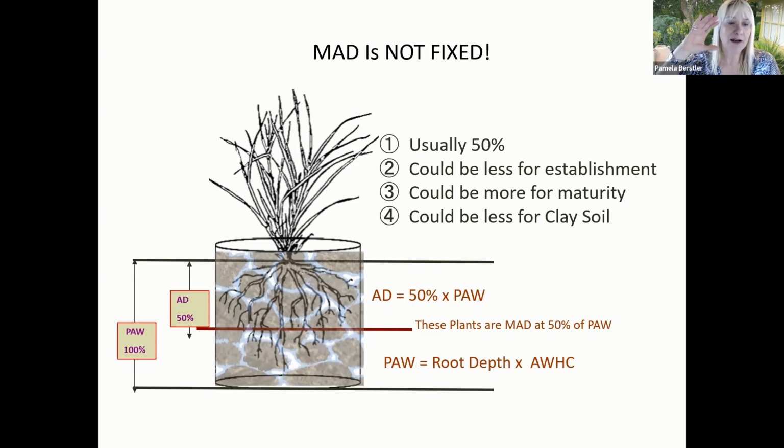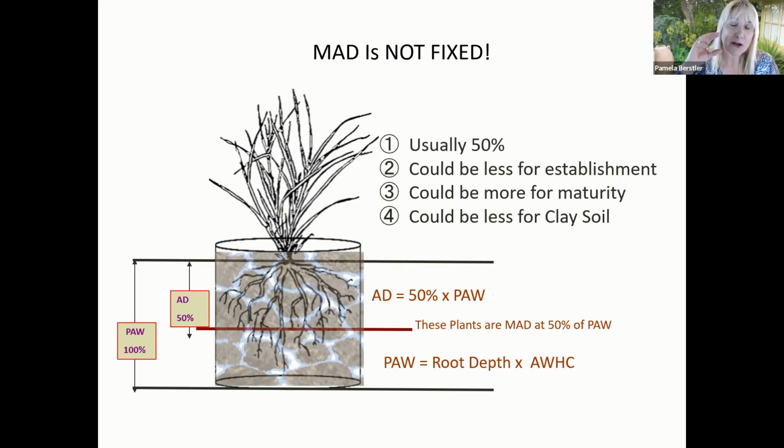If you had a plant available water of 3 inches, and normally, if you use the 50%, you would allow 1.5 inches to go out of the soil, or 50% of it. Now, instead, you go down to like 30%.